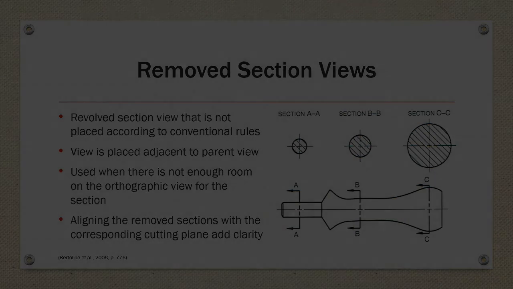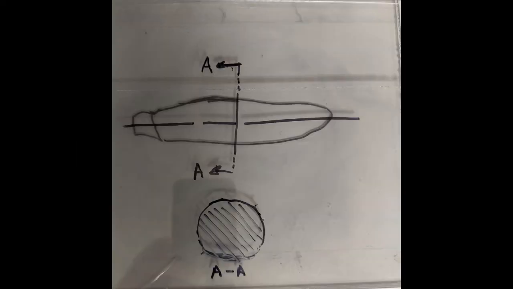Let's return to the kitchen for my zucchini example. If we took the same revolved view and moved it off of the front view and had it adjacent to the sectioned view, in this case the top, it would then be called a removed view.